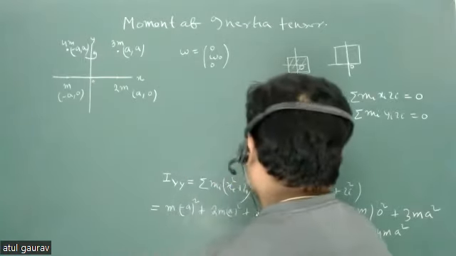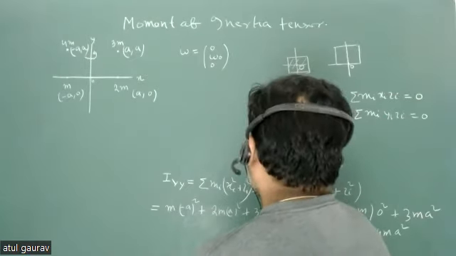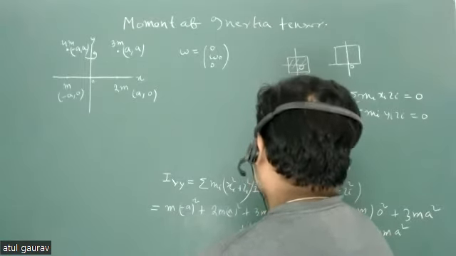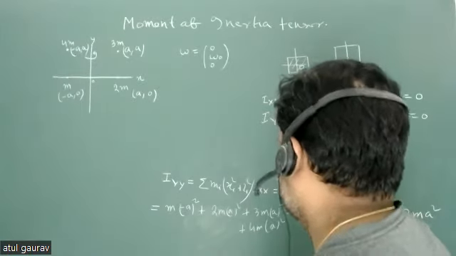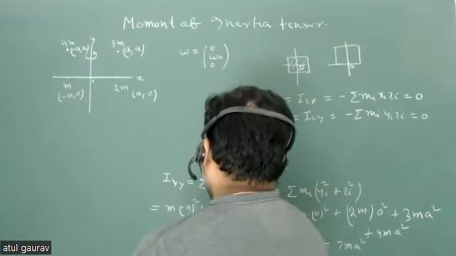Third one is 3m into a square plus 4m into a square. So what will happen? 10ma square. So that value is 10ma square.